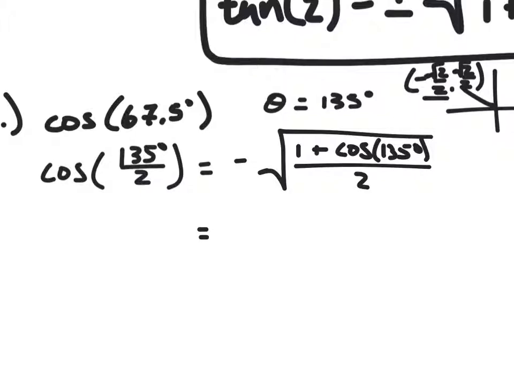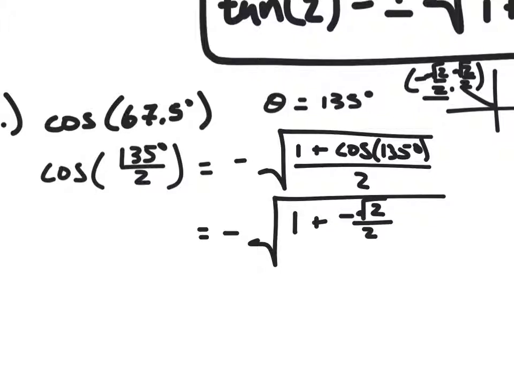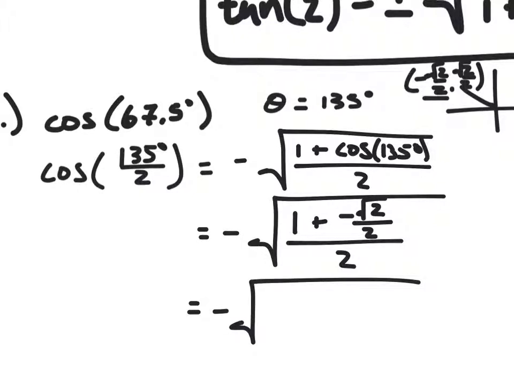Okay, and we can simplify that. Negative square root 1 plus negative square root of 2 over 2 all over 2. Okay, then we're going to get negative square root 2 over 2 minus the square root of 2 over 2 all over 2.